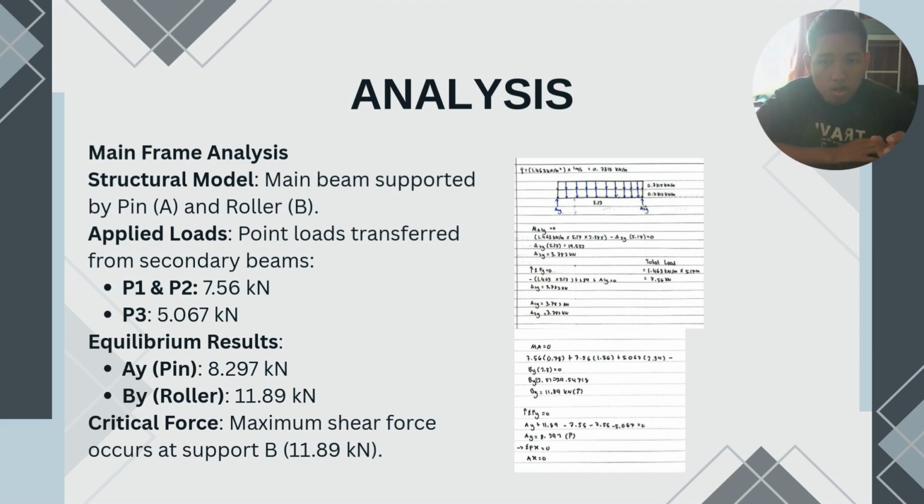The equivalent result is AY, the pin, 8.297 kilonewton, and BY, the roller, 11.89 kilonewton. So the critical force, the maximum shear force, occurs at support B, which is 11.89 kilonewtons. If you want more detail of the calculation, you can see it on the right side. That's all from me. Thank you.